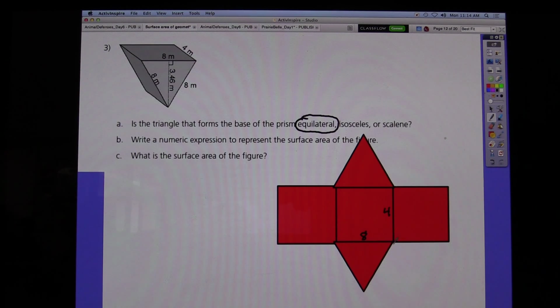Like here, this looks like it's all equal sides on this rectangle. It's not drawn to scale at all. I mean, really, this should be twice as long as this side here, but it doesn't matter. This is just for me to keep my surface areas together and not leave anything out.